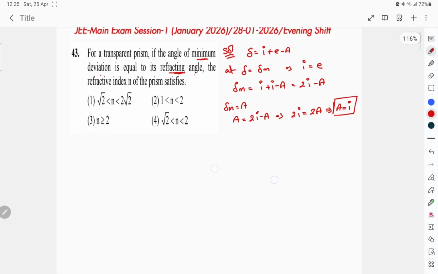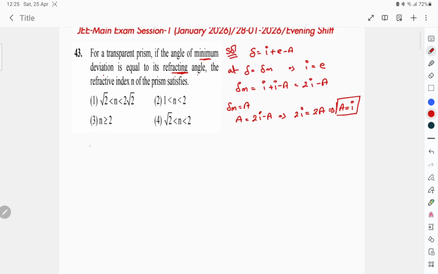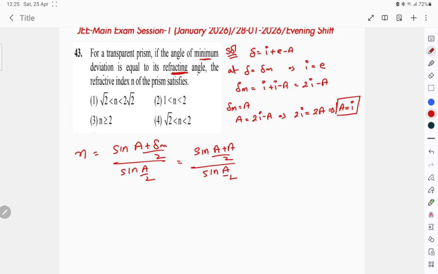And again, if you see here, we know that the refractive index n is equal to sin of (A plus delta m) by 2 divided by sin A by 2. In the question itself it is given that the minimum deviation is equal to the refracting angle A. So I will write sin of (A plus A) by 2 divided by sin A by 2, so we can write sin 2A by 2 divided by sin A by 2.